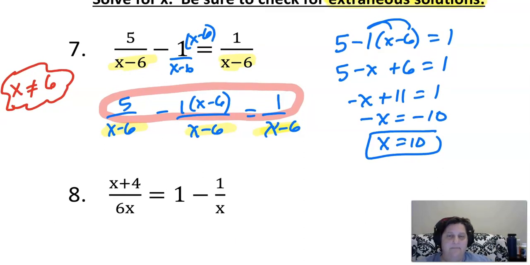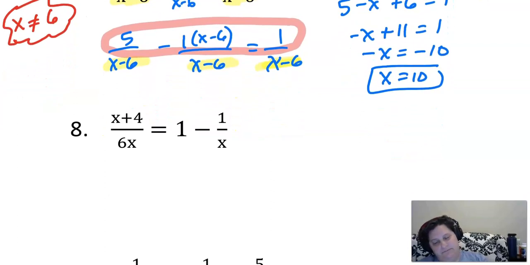But I'm going to show you guys a trick that's going to make this a bit faster, all right? And here is the trick. What you want to do is find what's sometimes called the LCM, the least common multiple. I mean, it's also kind of a common denominator.